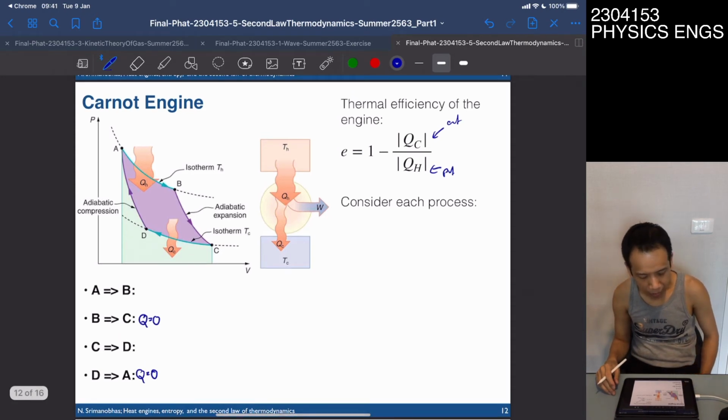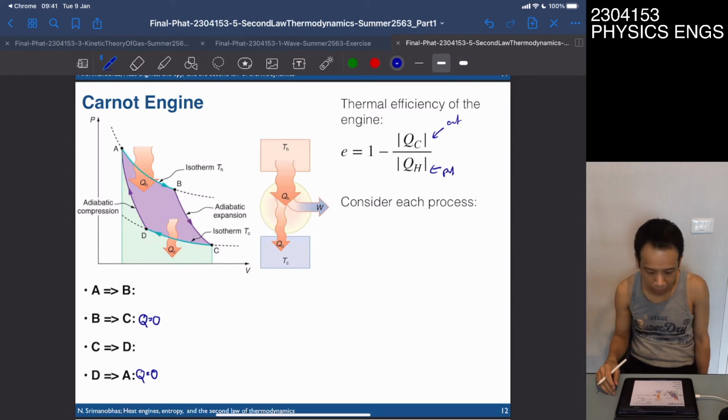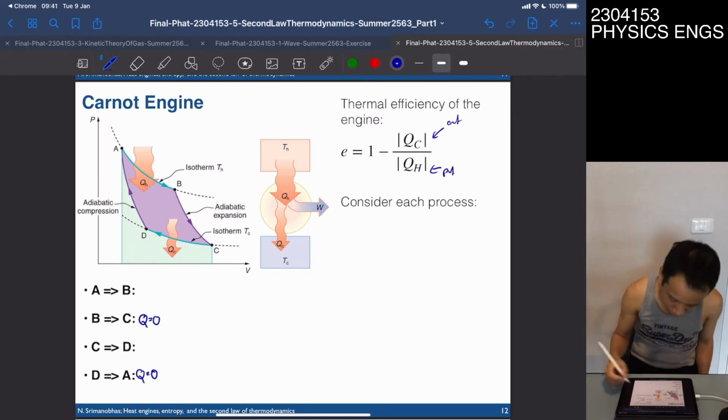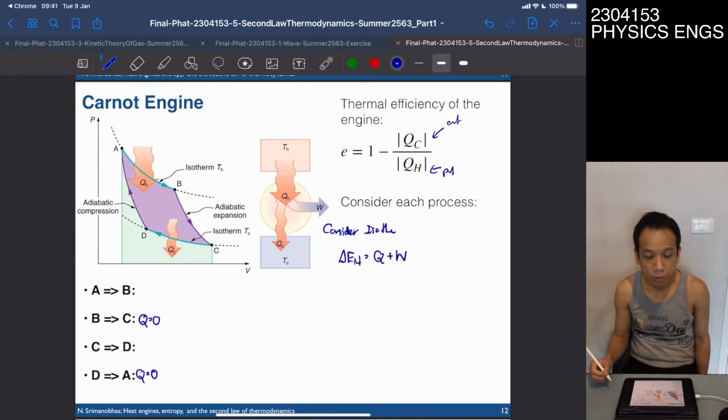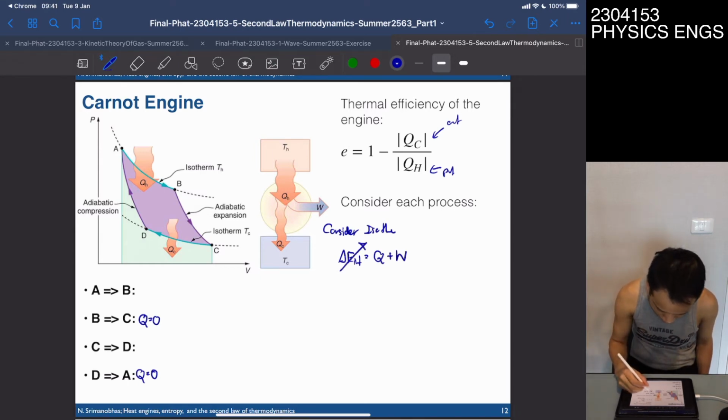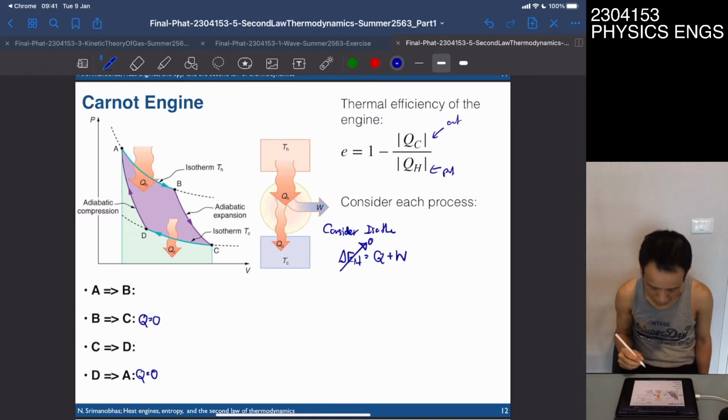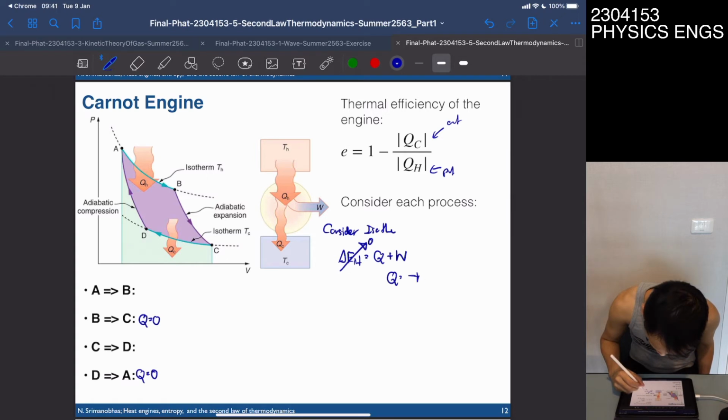Okay, let's start from A to B. It's the isotherm, so we would like to find the Q. Since we consider the isotherm, delta E internal equals Q plus W. For an isotherm, delta E becomes zero, so Q is minus W, where this W is W on gas.